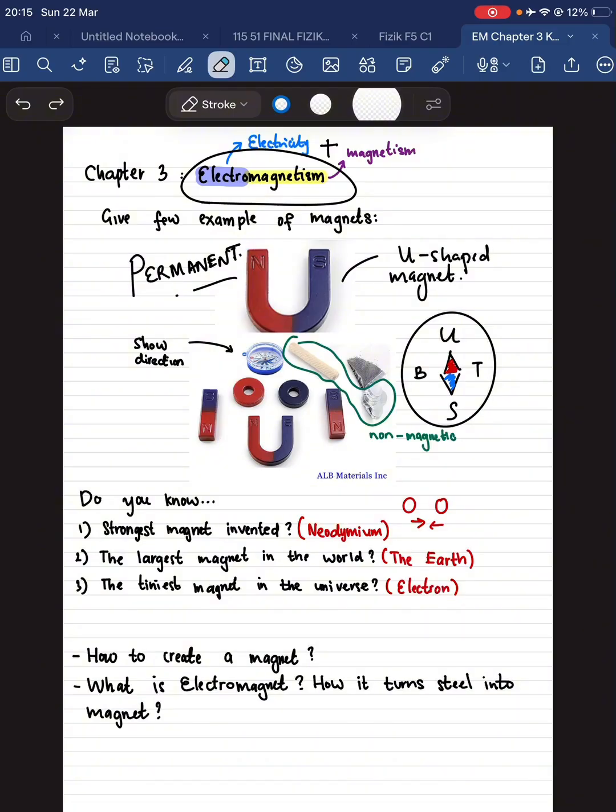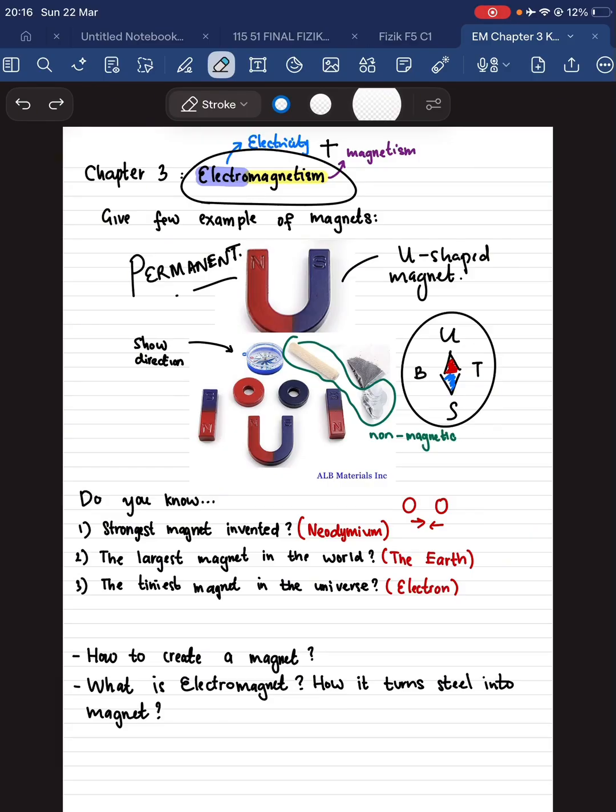So it's kind of counterintuitive when we watch, like, a science TV program. Have you ever wondered why, when you connect, let's say, a steel nail to the battery source, and then you just coil the wire around it, you realize that this steel nail can behave like a magnet?